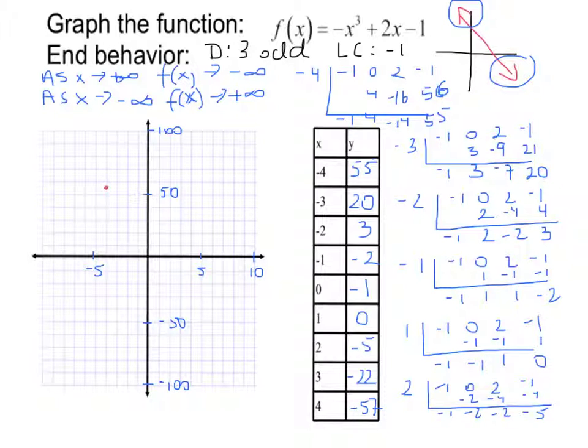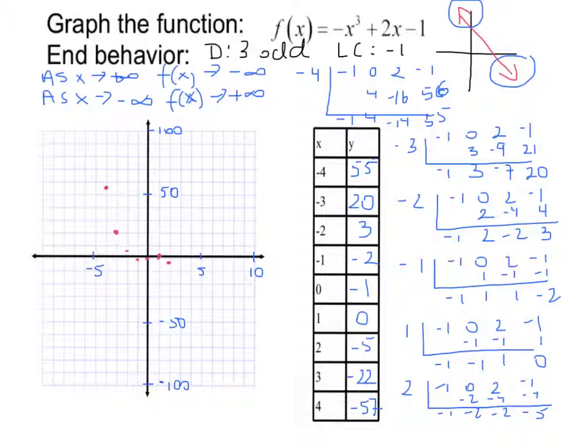Then I have -3, 20. Then -2, 3. Then -1, -2. Then 0, -1. Then 1, 0. At 2 we have negative 5.